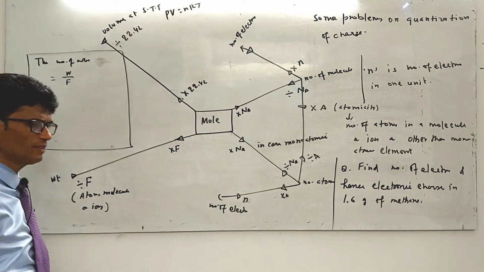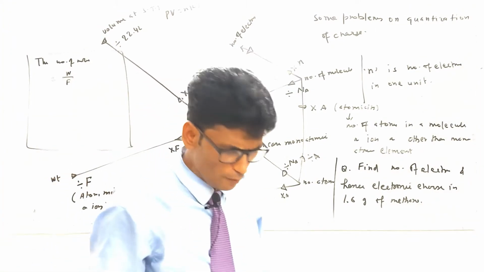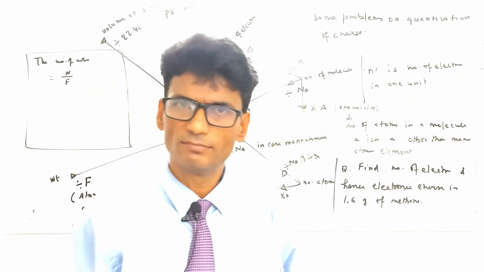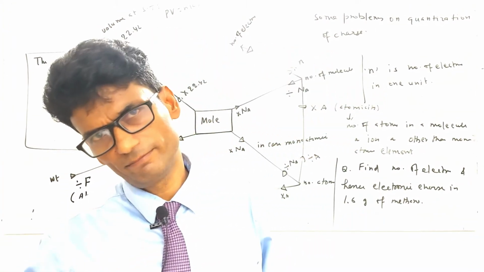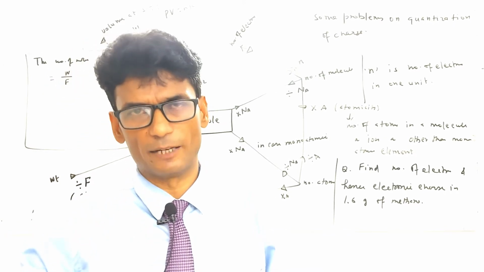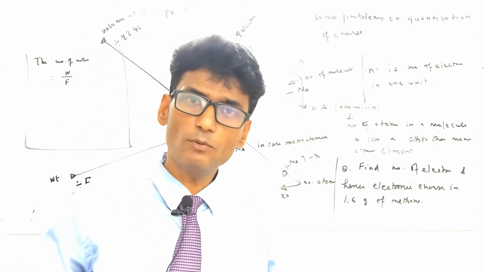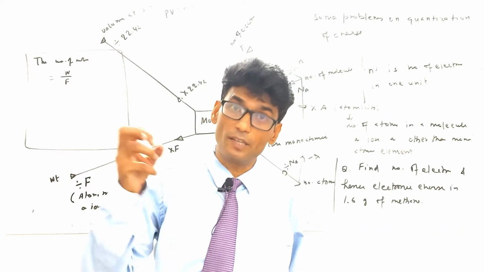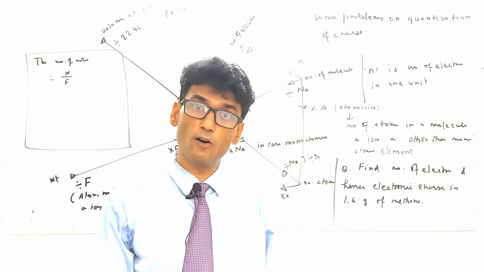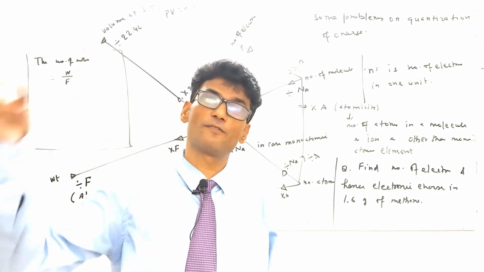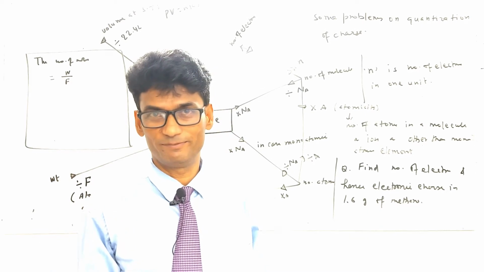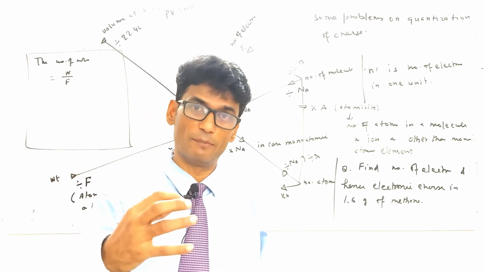What is the formula weight of methane? The formula of methane is CH4. Carbon is 12 gram, hydrogen 1 gram times 4, so 16 gram. The formula weight is the weight of 1 mole of molecules of CH4. That is called formula weight or molecular weight.